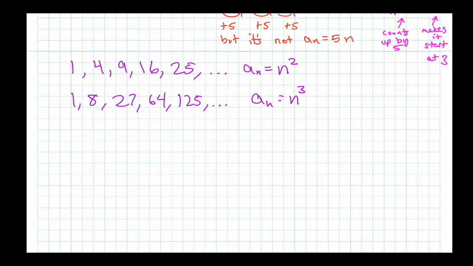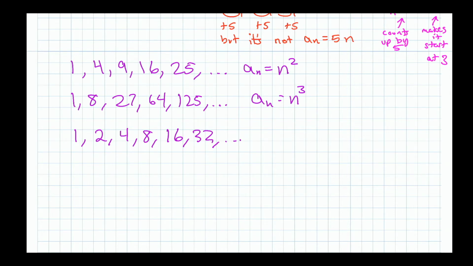But not everything is n squared, n cubed. Sometimes you have exponents too. So if you see something like this, 1, let's see, 2, 4, 8, 16, 32, ... It's sometimes hard to tell the difference between something like this and one of the ones that came right before it.